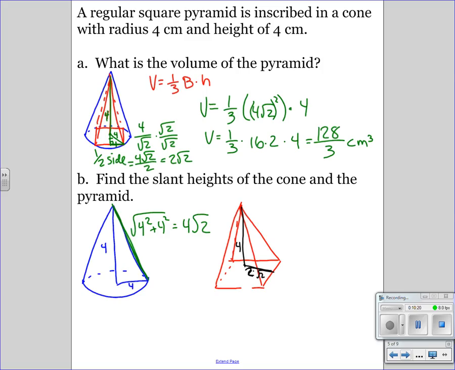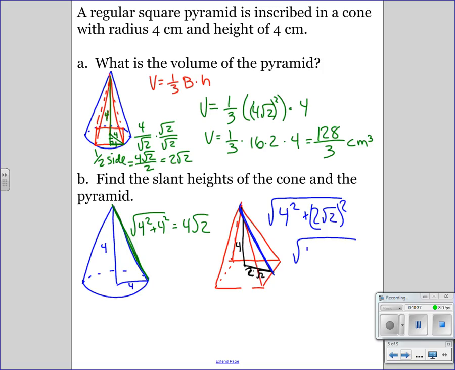So in order to find the slant height, which is from our vertex perpendicular, that line there, we again have to use our Pythagorean theorem. So it's the square root of 4 squared plus 2 root 2 squared.